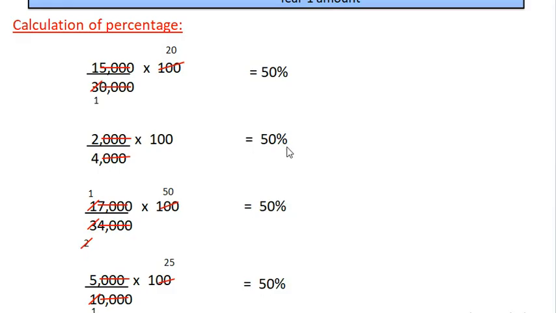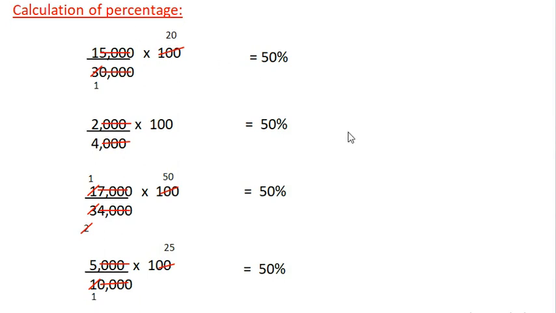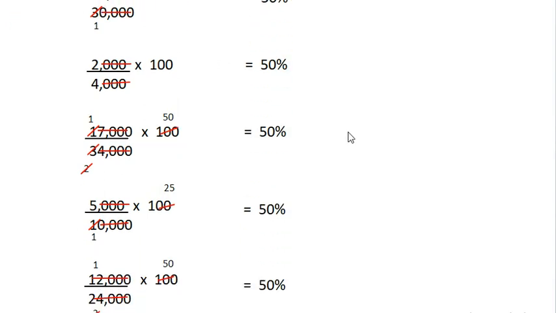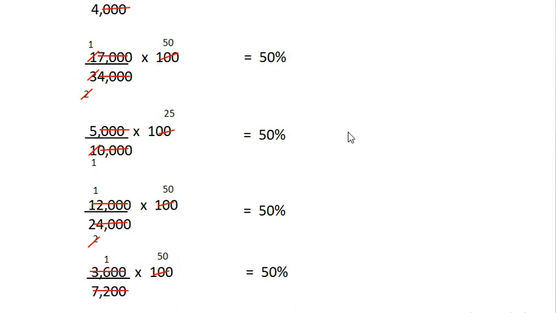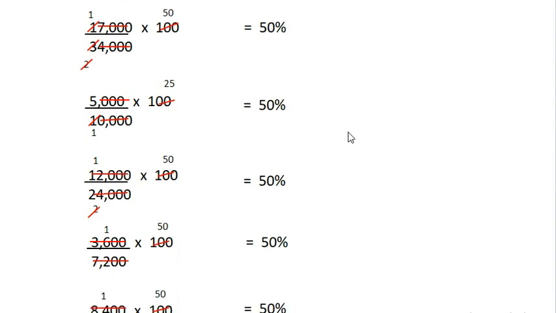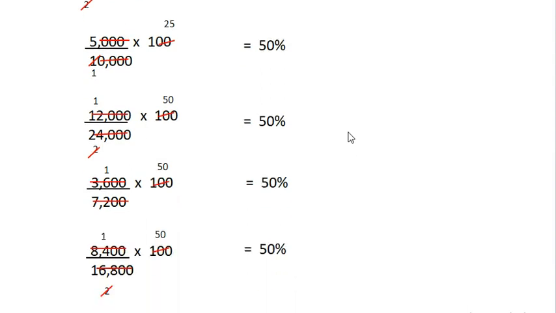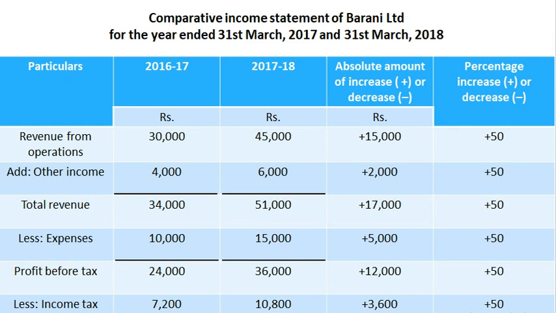Here is the calculation for finding percentage. For all the particulars, we are getting 50%. So, therefore, this is the format of finding comparative income statement.